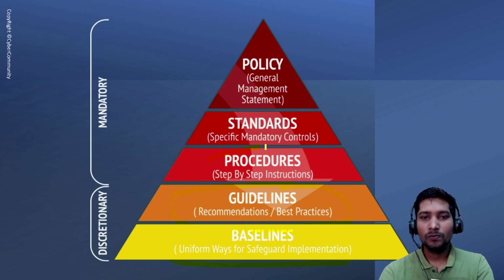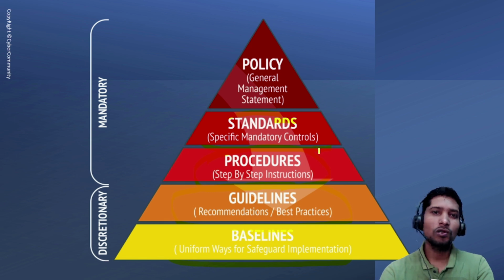Now, procedure. Your procedure should be step-by-step instructions so that any auditor, any non-technical person, can understand them very easily. And the standards: you have to specify your controls, that is the access control. Let's take an example. If there is some database and you have written a policy for it, but who actually has access to that database, who has the controls?